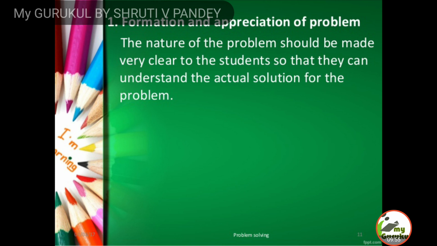Traits to be developed in the child as a problem solver.